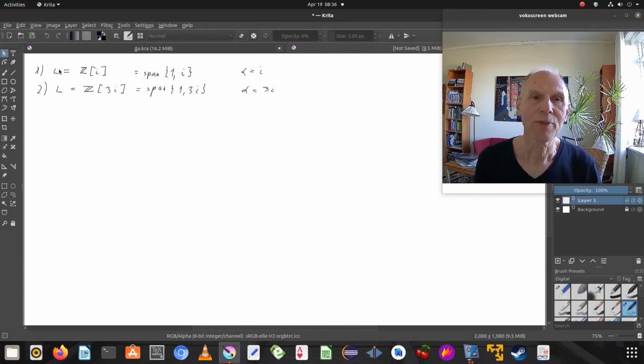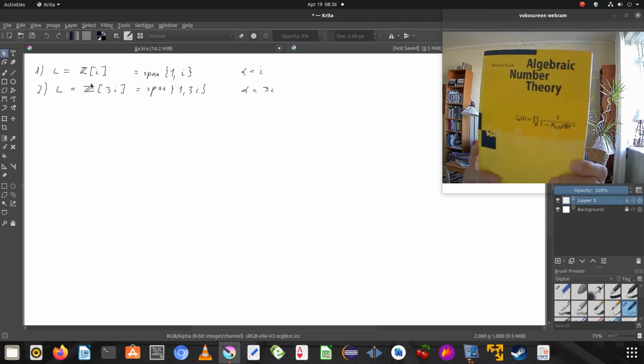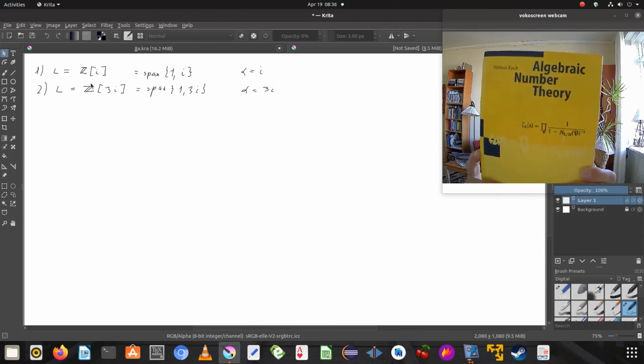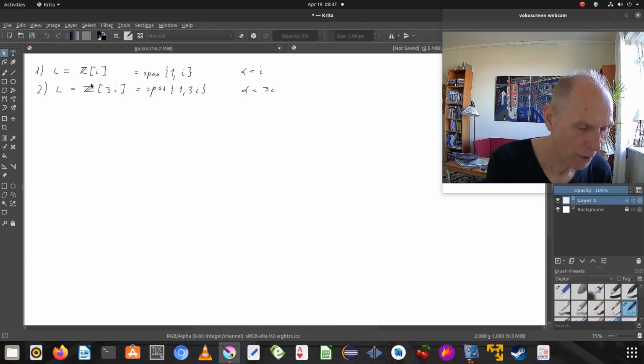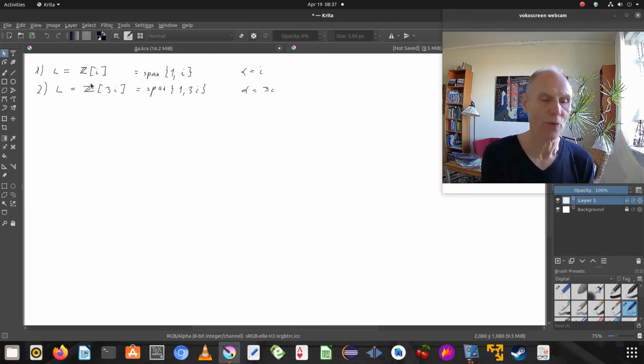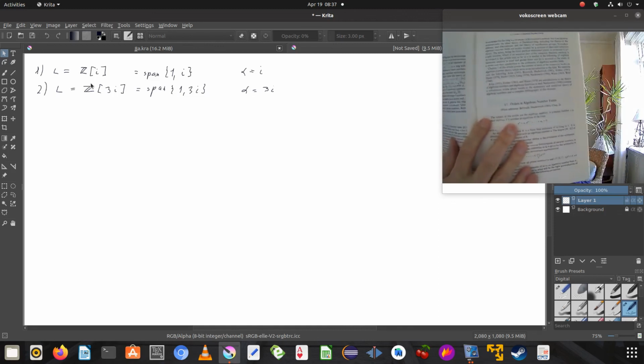L here is not only a lattice, it's actually a module. That reminded me of something in this wonderful book by Helmut Koch, Algebraic Number Theory, which starts off with a section on orders in algebraic number theory.